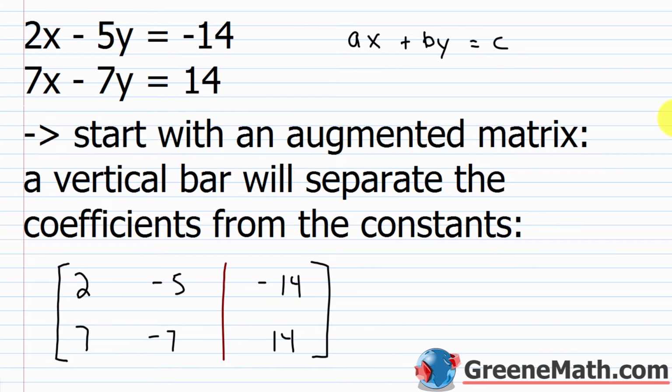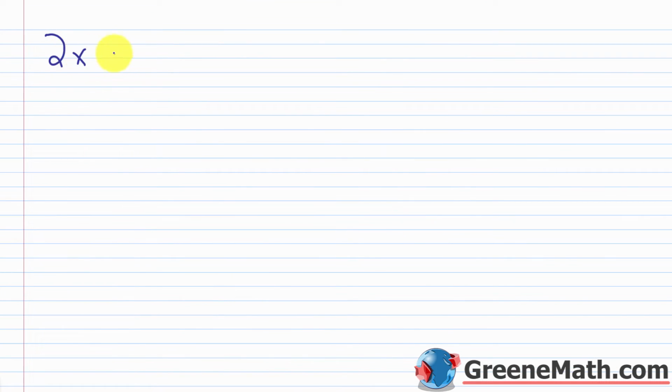All right, so I want to return now to the system that we were starting with. So again, it's 2x minus 5y equals -14. It's 7x minus 7y equals 14. So let's copy this information, and we'll bring it down to a new sheet of paper. So again, we have 2x minus 5y equals -14. We'll call this equation 1.